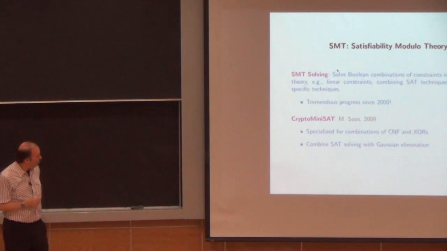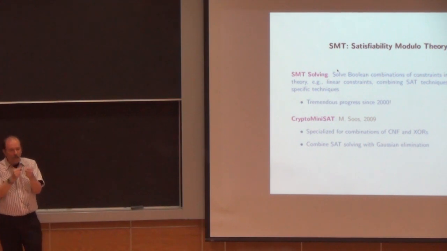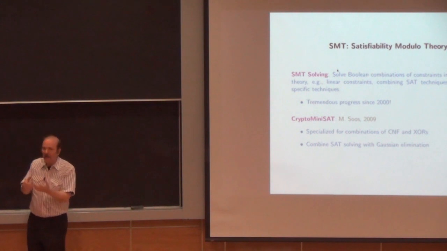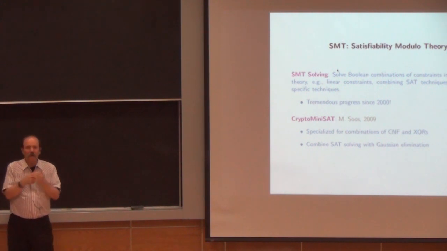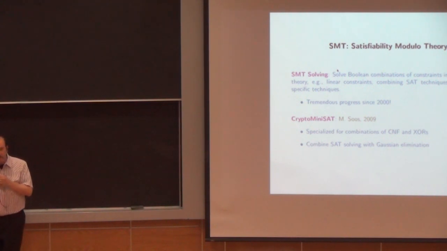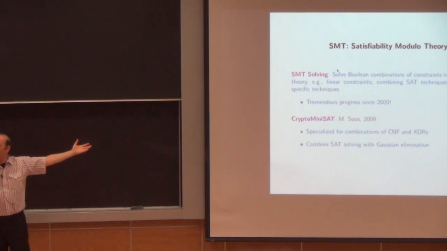We discovered a solver that was developed by Mate Soos, who published a paper in 2009 on how to combine CNF solving with Gaussian elimination and do it in a smart way. The solver he developed was called CryptoMiniSat. For us, we were trying, and nothing that we worked on was successful. And we started doing a Google search, and we stumbled on this.